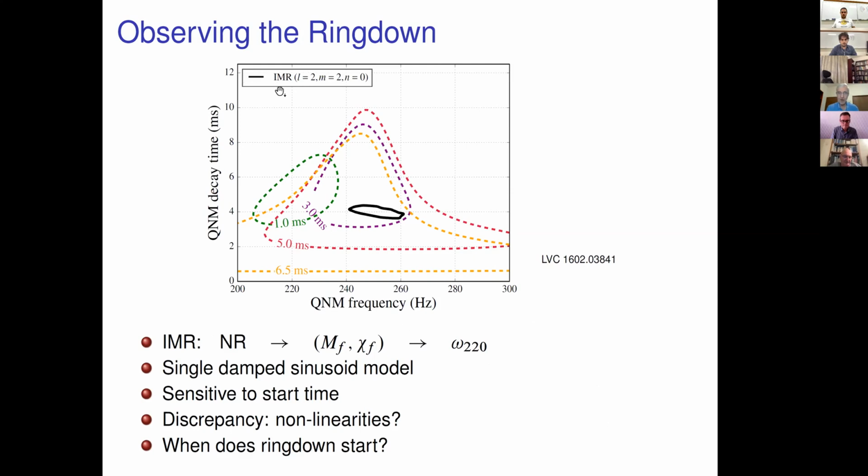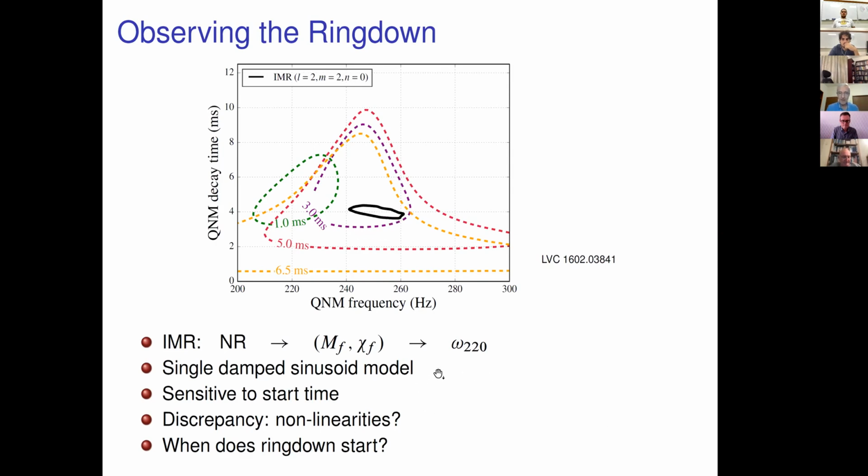The IMR is inspiral-merger-ringdown, the full fit that they did using the inspiral part and the ringdown part to get the best fit values. So you can think of this as the true measured values in the middle.